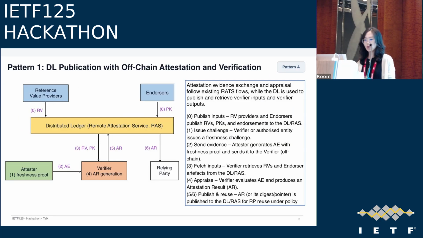This is the first architecture we developed, where the distributed ledger publication would have off-chain attestation and verification. In this architecture, the attestation flow and verification flow follow the current RATS architecture, while we would have the reference values and endorsements published to the distributed ledger.